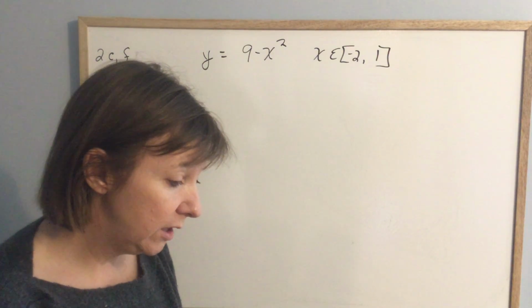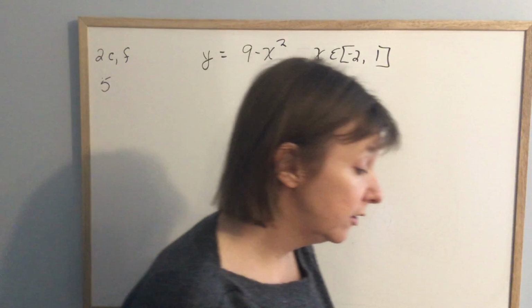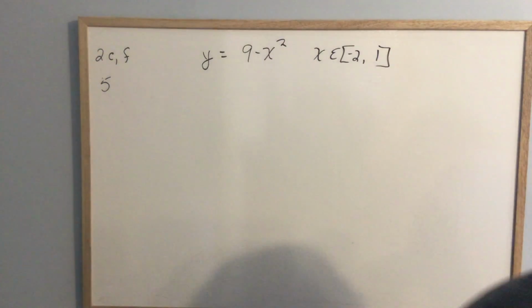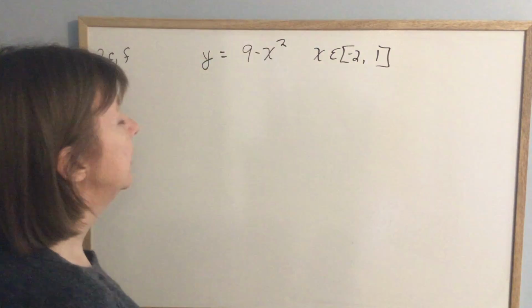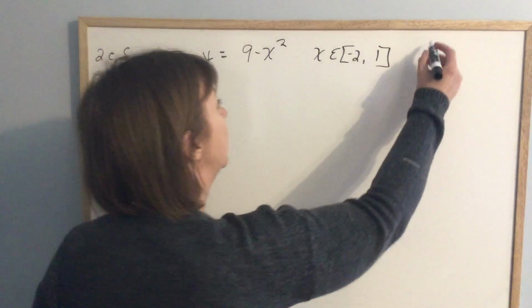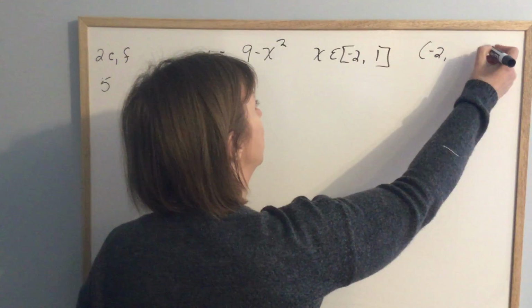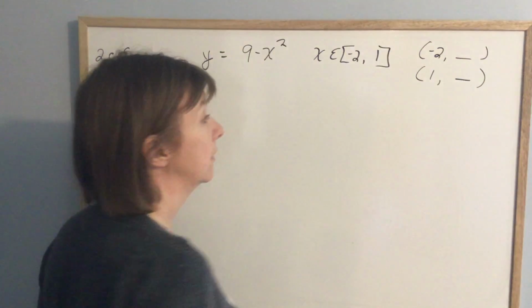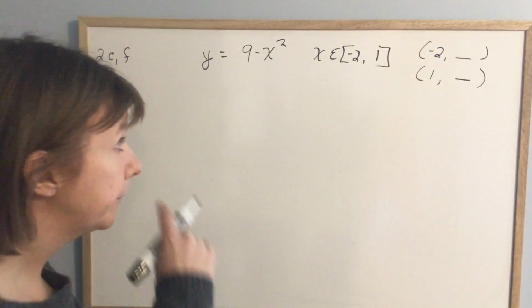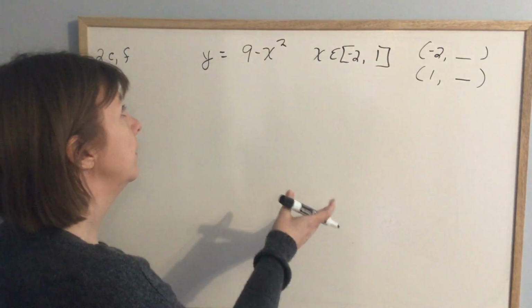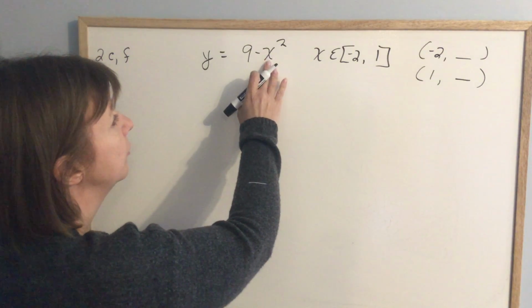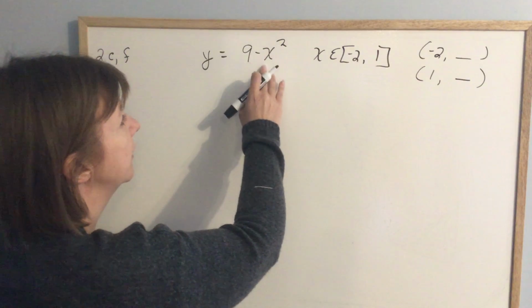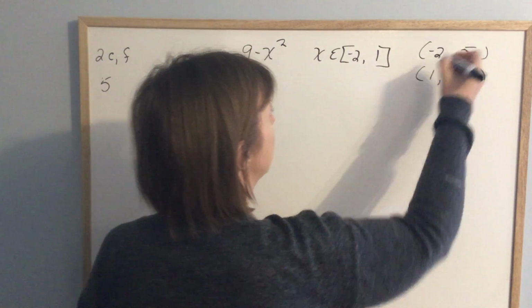So the first thing we need to do is figure out, if my x is -2, what's my y? And if my x is 1, what's my y? So all I'm going to do is put -2 in here. -2 squared is 4, and 9 take away 4 is 5.